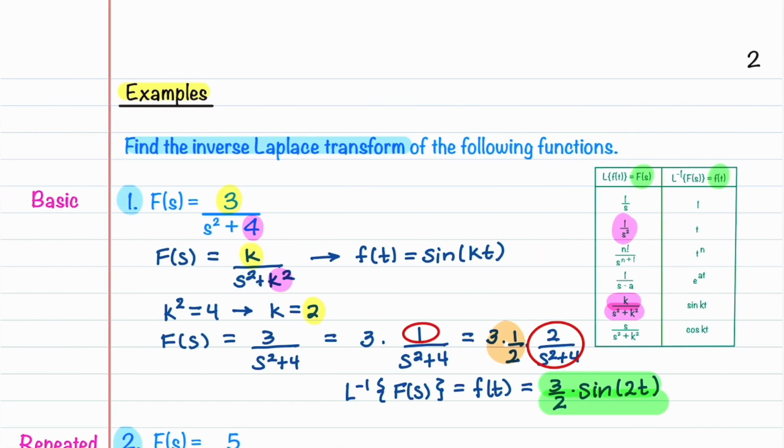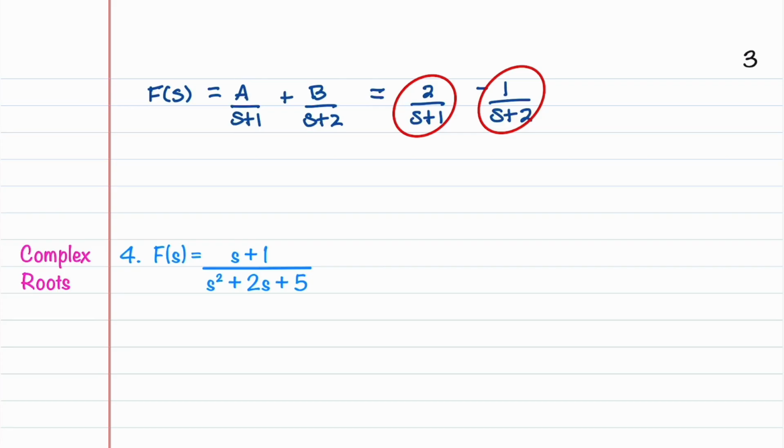In our table, we have 1 divided by (s − a), and the inverse Laplace transform of this is e^(at). So that's the formula we're going to use. Let's write that down. If capital F(s) is equal to 1 over (s − a), then the inverse Laplace transform gives us f(t) is equal to e^(at).